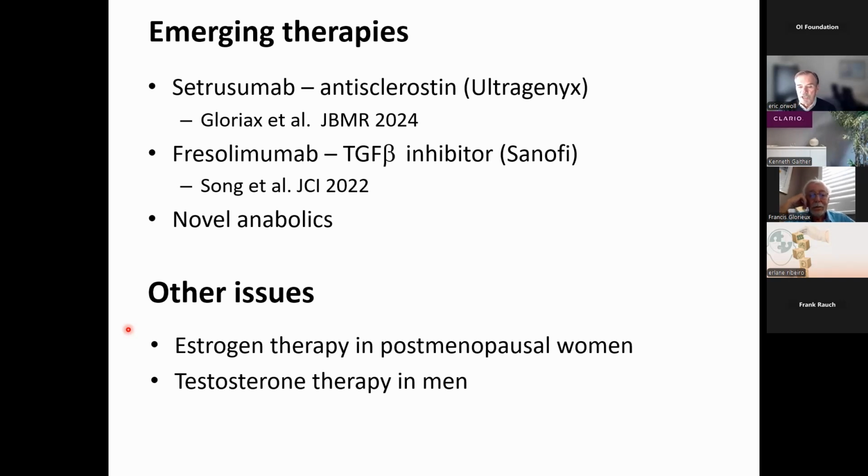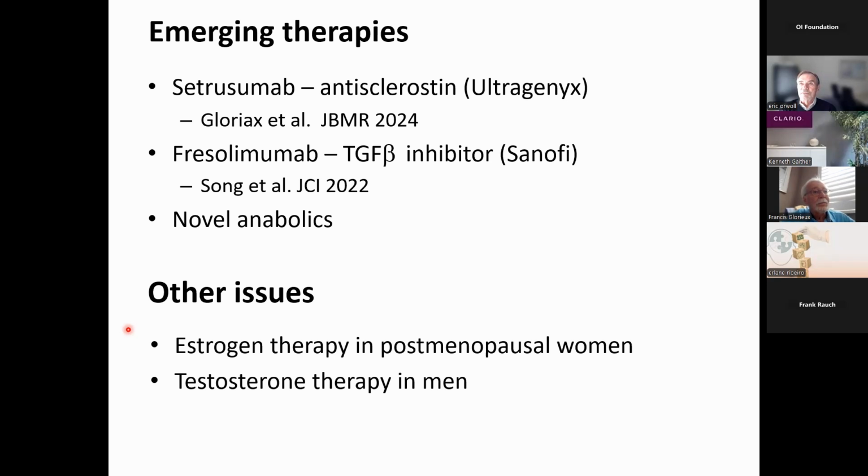And the final issue that I want to bring up that comes up in questions sometimes is the usefulness of estrogen replacement therapy in postmenopausal women and testosterone therapy in men. I know of absolutely no data in OI. Of course, estrogen replacement therapy is good for bones and reduces fracture risk in women without OI.